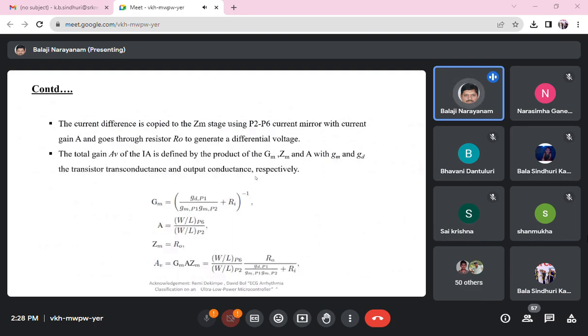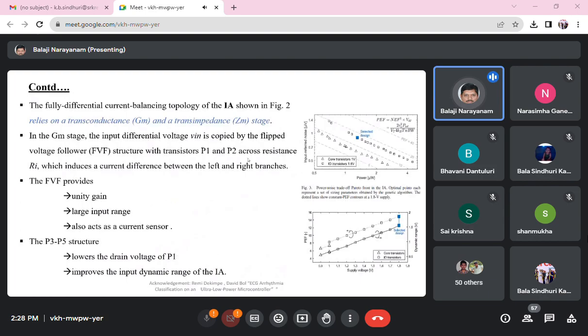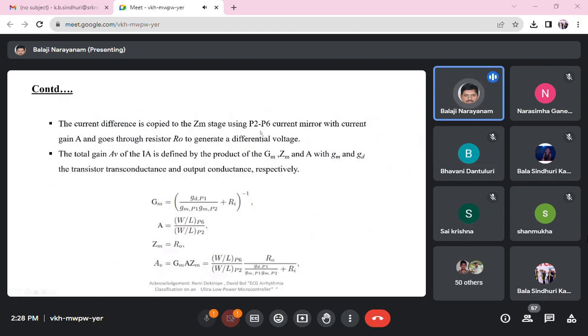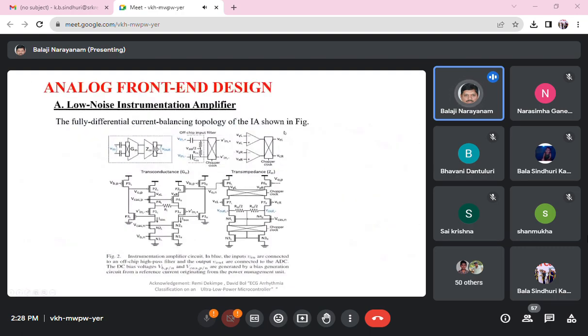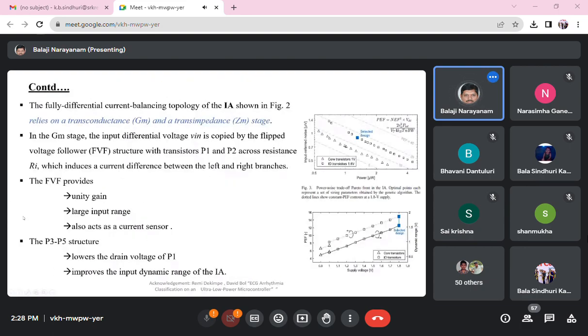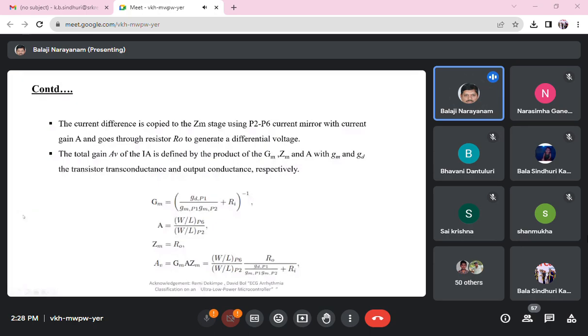The current difference is copied to the ZM stage, which is the trans impedance stage, using P2 P6 current mirrors. Here the P2 P6 current mirrors are shown clearly in the instrumentation amplifier circuit, with the current gain A, and it goes through the resistor R0 to generate a differential voltage.